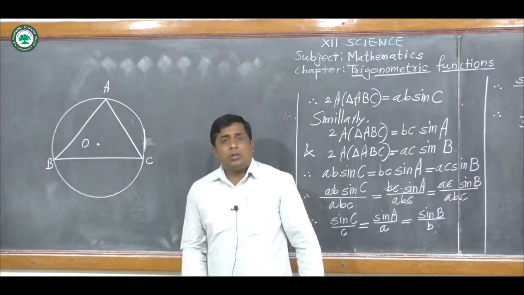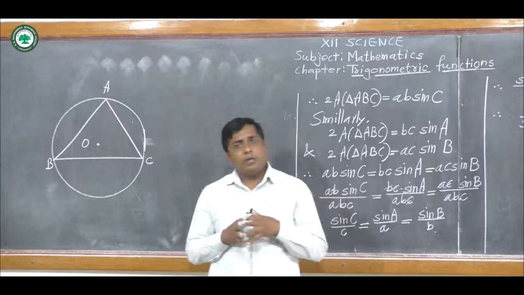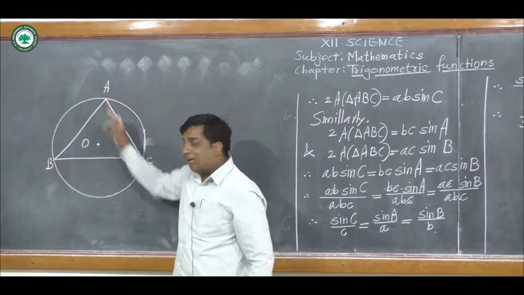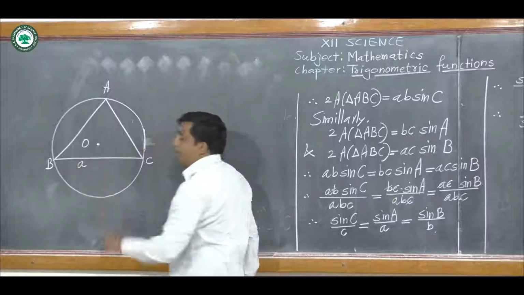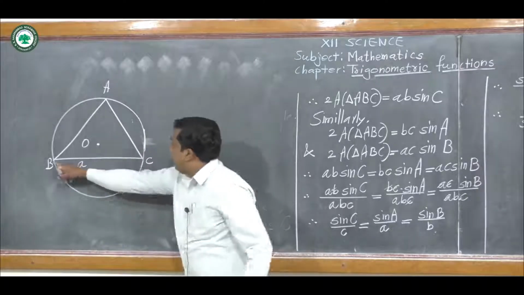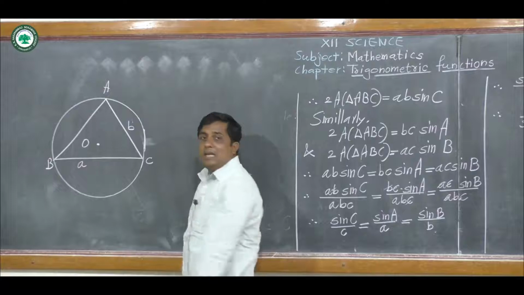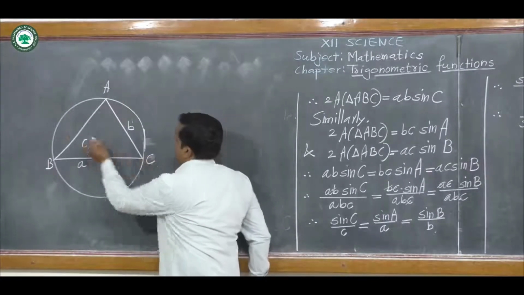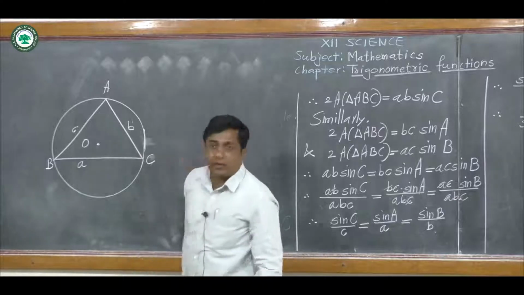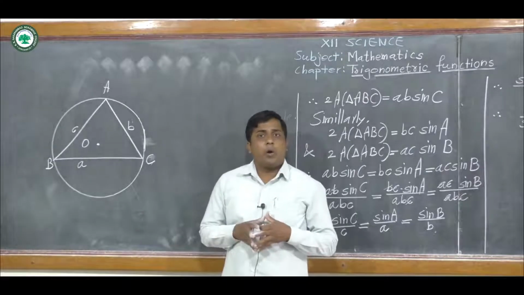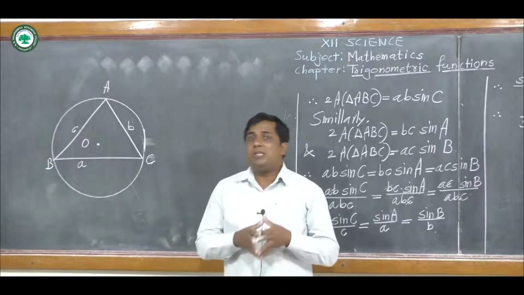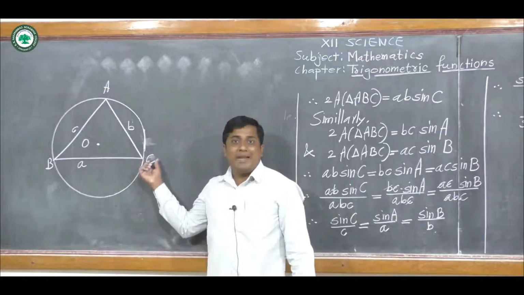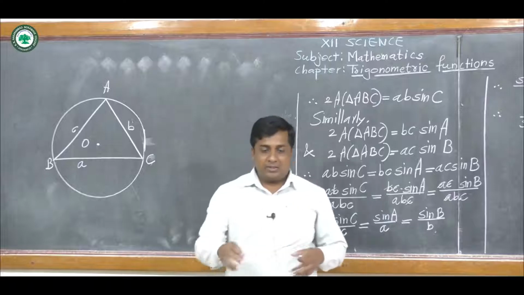In this triangle, everyone knows the side opposite to the angle A is small a, the side opposite to the angle B is small b, the side opposite to the angle C is small c. Now everyone knows the sum of the angles of a triangle is 180 degrees.